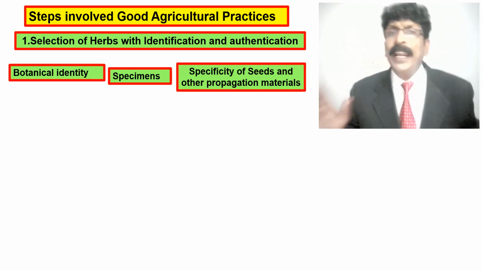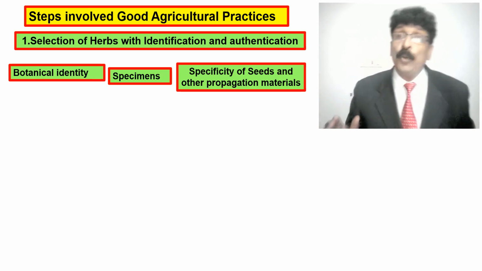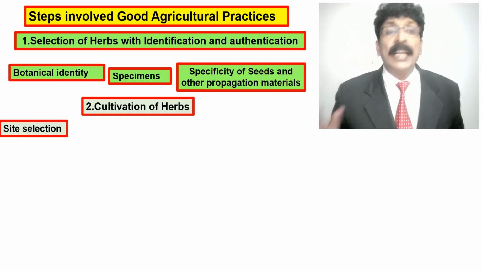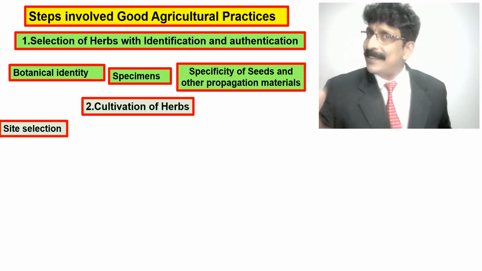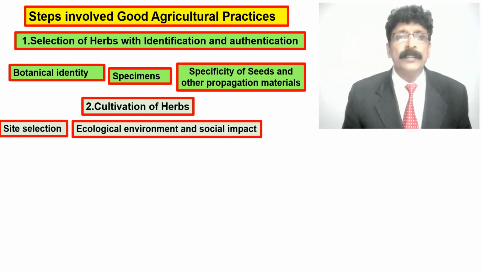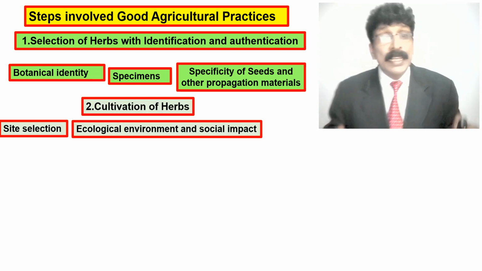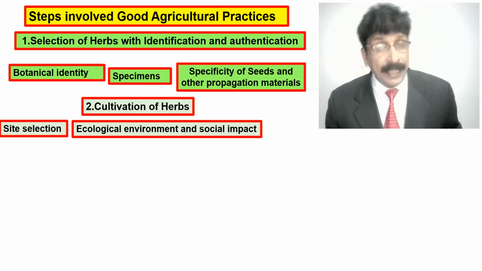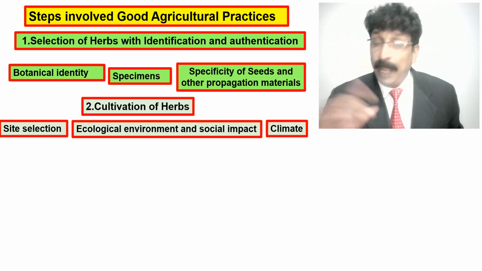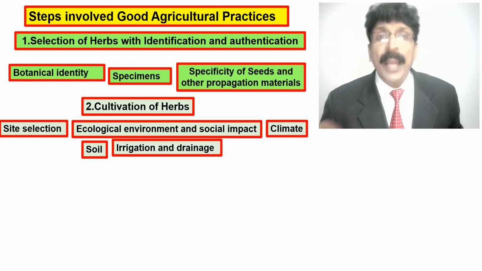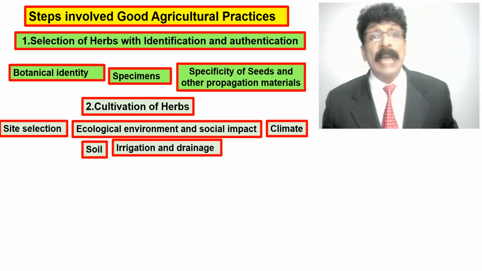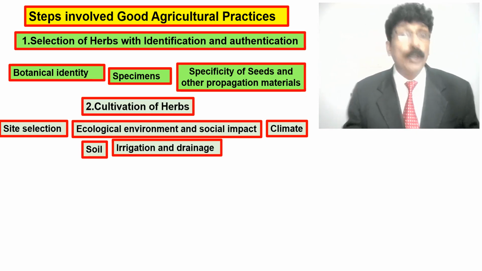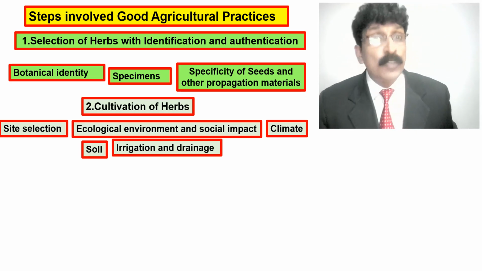These are all needed to start your good agriculture practice for cultivation. And when you take cultivation of herb, site selection is very important. Ecological environment and the social impact study is very important. Climate, soil, irrigation and drainage, how you do for the good agriculture practice, we will have to see in detail.